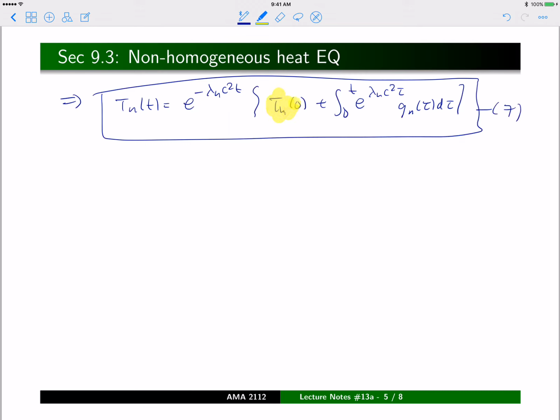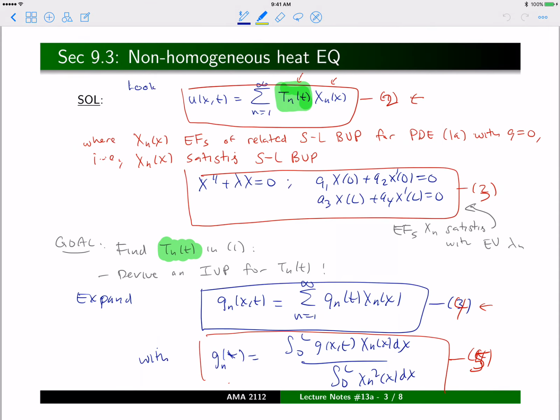Now what's left over is, how do you find this Tn of 0? Well, it's obtained by equation 1.